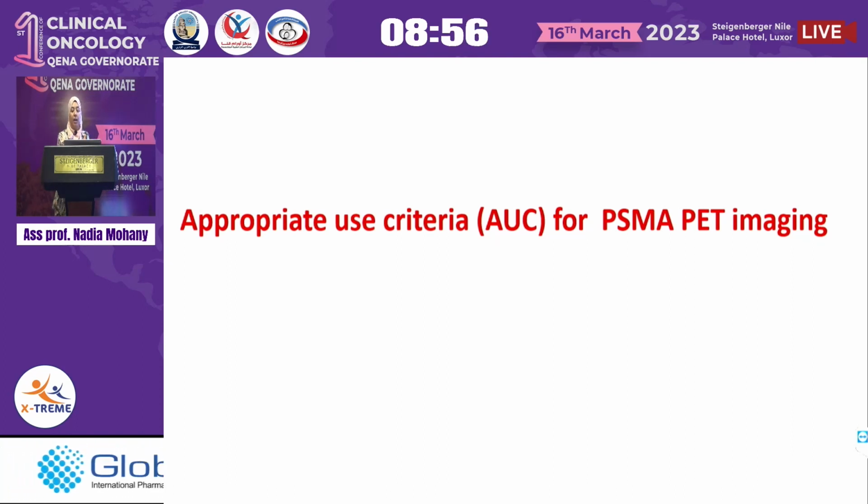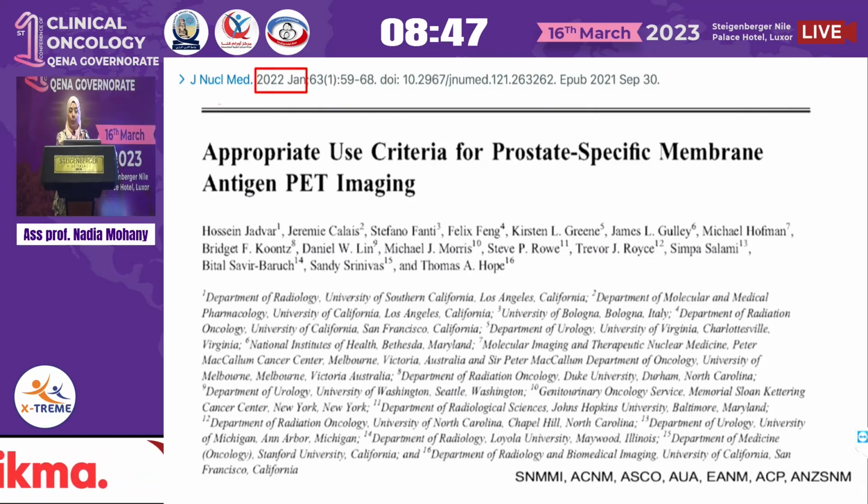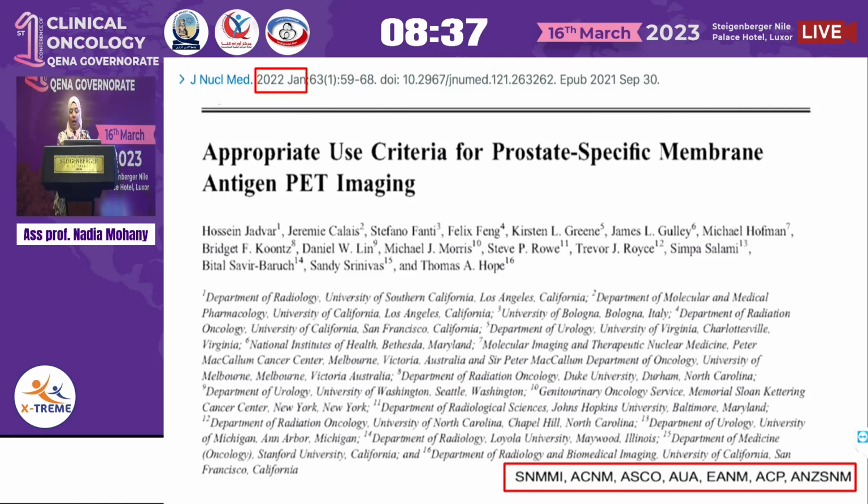The appropriate use criteria for PSMA PET imaging classified the indications for PSMA PET imaging in clinical scenarios, and were published in 2022 and included representatives from multiple international societies, including the Society of Nuclear Medicine and Molecular Imaging, ASCO, and the European Association of Nuclear Medicine.